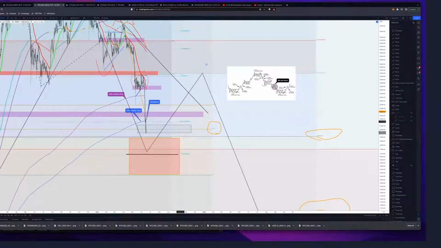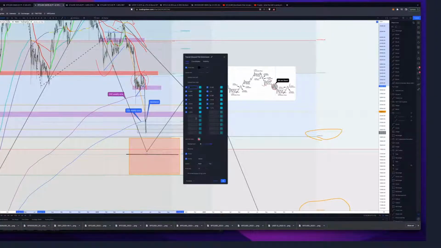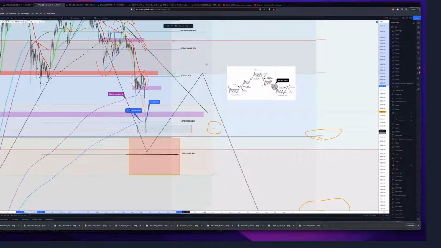We have this resistance of the 618. Where is it? This Fibonacci extension, which acted as support. So if I click on that, make it bigger so you guys can see, and maybe I'll make it black. There you go. So 22,000 is probably resistance.